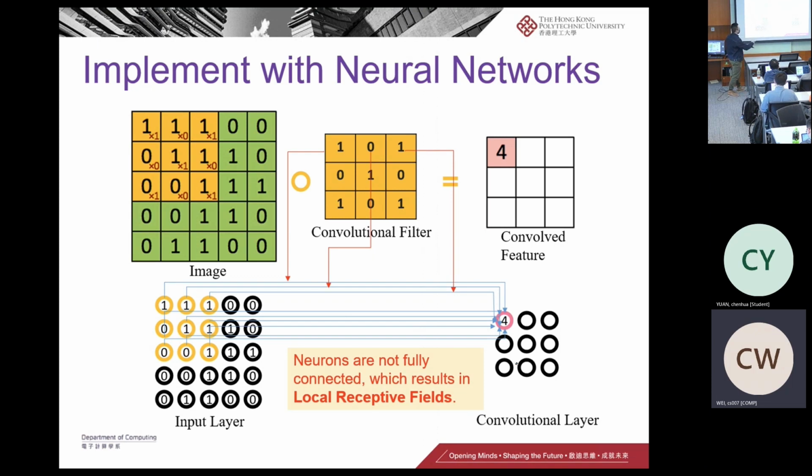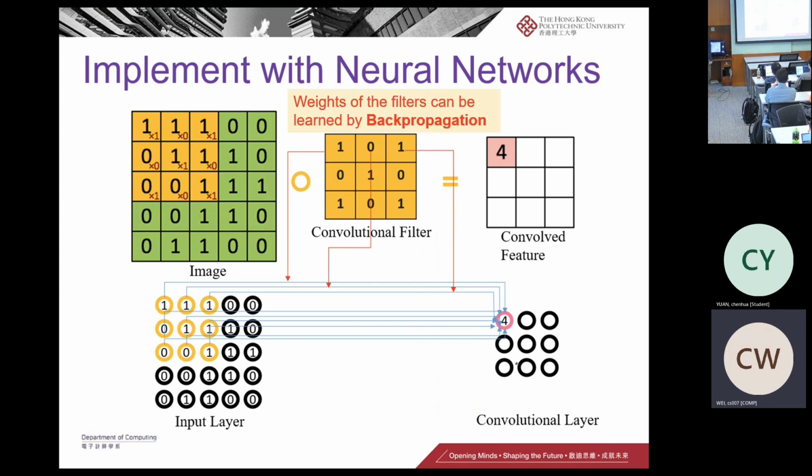And different neurons have different parts as their fields, right? Or you can take it in the reverse way: this part contributes to a certain neuron there. So it's the same as summarizing a local feature to the next layer, right?